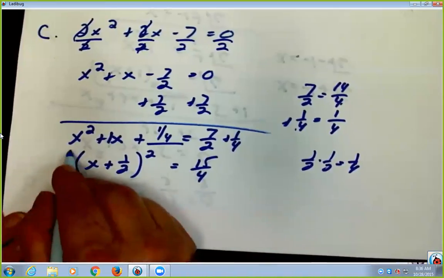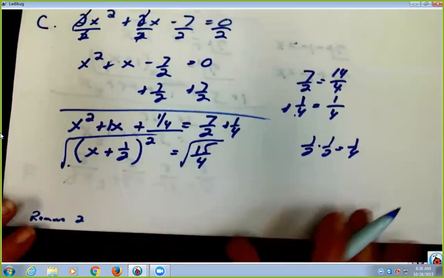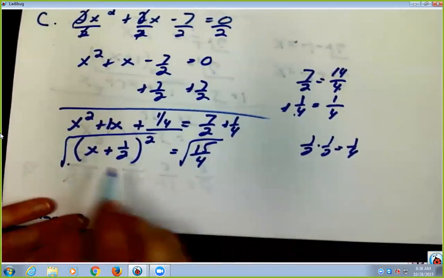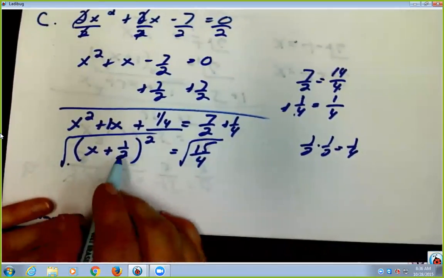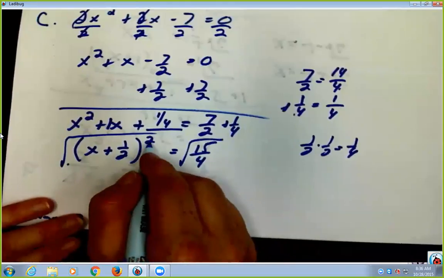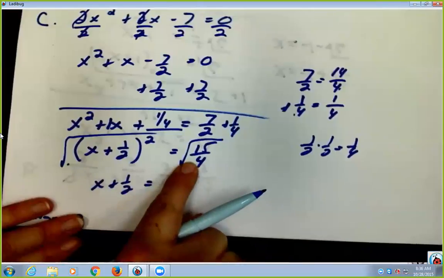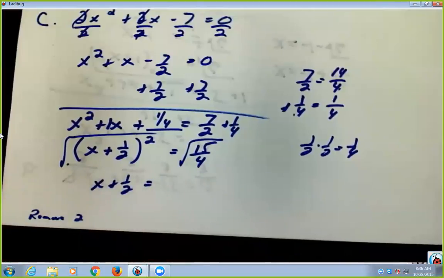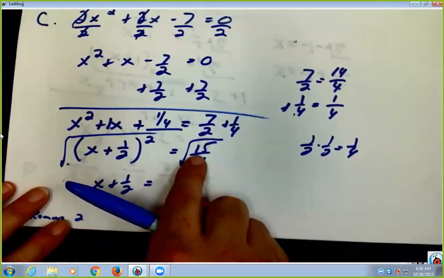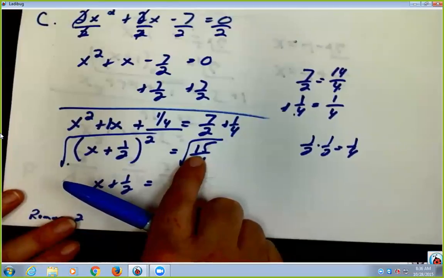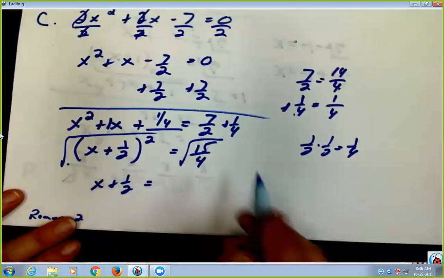So now I need to take the square root of both sides. The square root of x plus 1/2 squared is x plus 1/2. What about this side? Again, chapter 9. Does 15 have a perfect square? Yes or no? Nope.